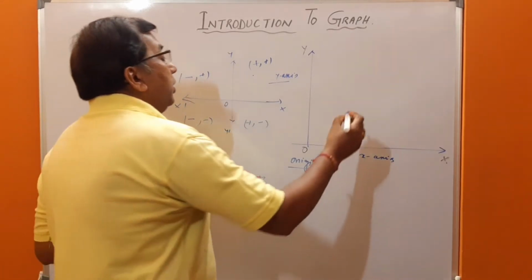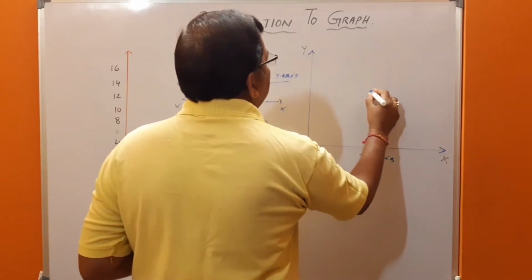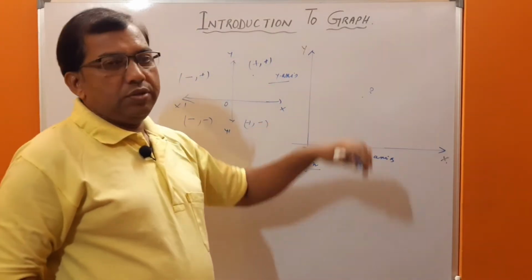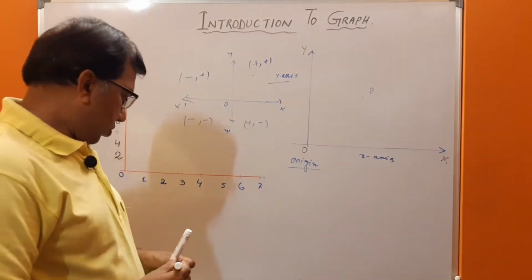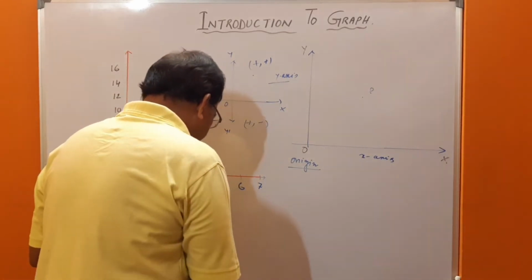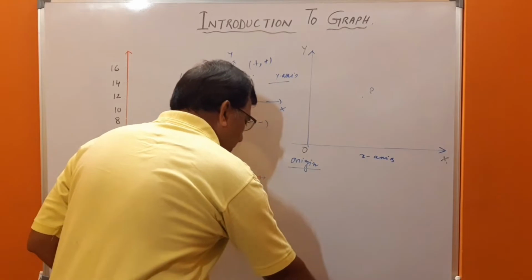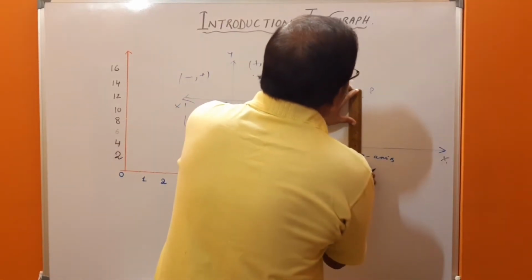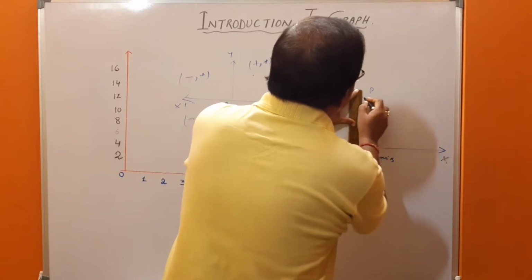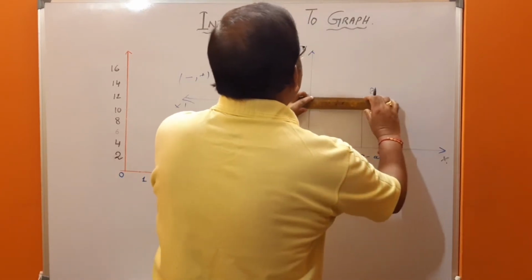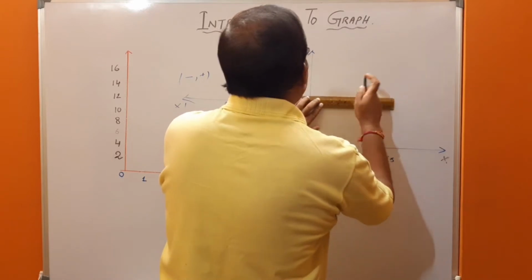Suppose there is a point P. You have to plot the point. So first, you have to draw the perpendiculars. Draw a perpendicular line from here, and also a line from here.